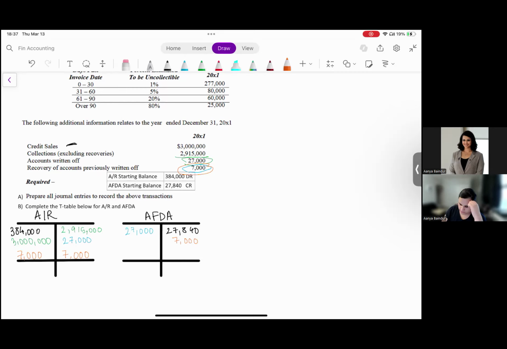Next, the only part that we'll be missing here are the bad debt expense and the end balances for both of these. So we can use a calculator and easily find out what the end balance for accounts receivable is. You can do that yourself. I'm doing that on my calculator right now.